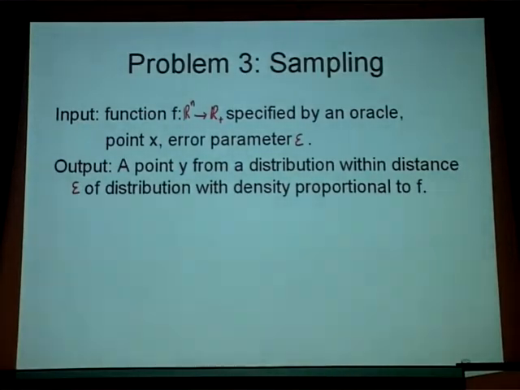So I might not know the exact density at a point, but I know what it should be proportional to, and I'd like to output a point with density proportional to that. For example, if you wanted to output a point that's uniform in a convex set, you just want the density to be nearly constant. Doesn't matter what the actual density is. For that, you would need to know the volume, but we don't need that in the input.